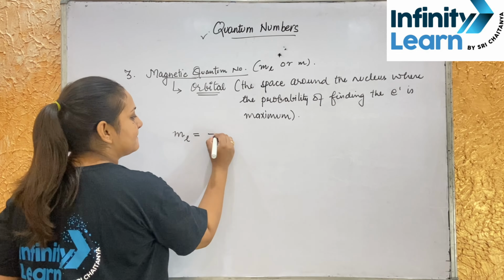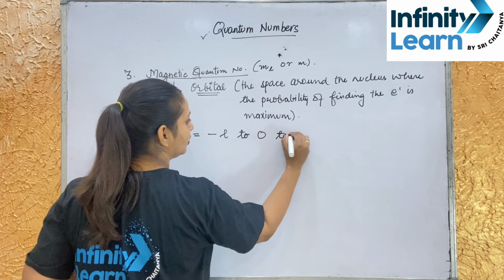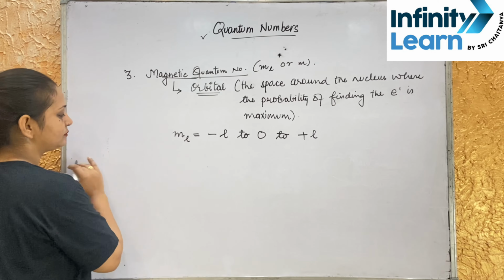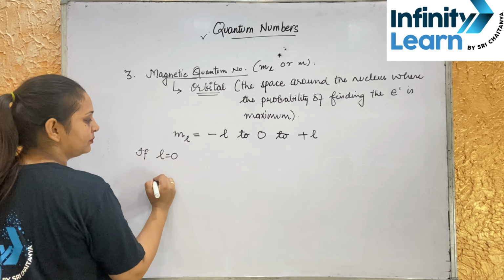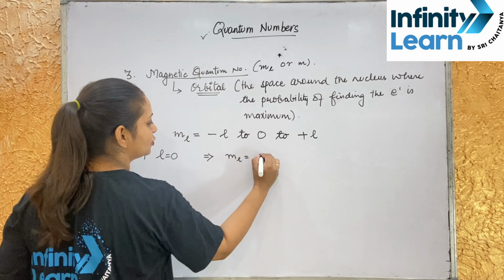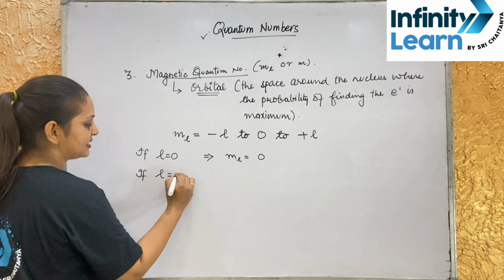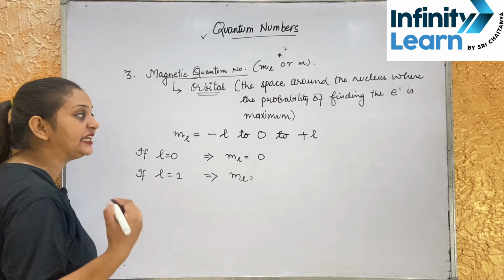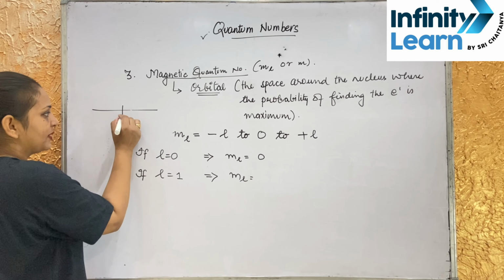varies from minus L to 0 to plus L. If the value of L is 0, this implies ML is also equal to 0. If the value of L is equal to 1, ML would have integer values on the number line, with 0 in the middle.